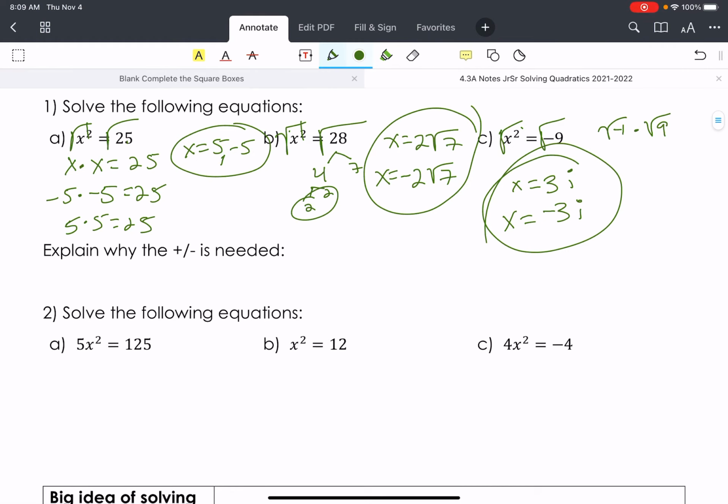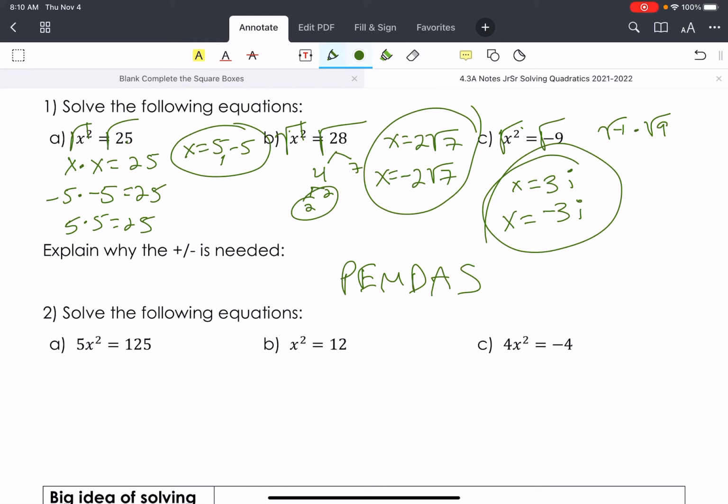Okay, so let's go ahead and look at 2a. Can I square root both sides right now? One thing to remember, and maybe this will help, when I'm working on things normally, I do PEMDAS, right? When you're solving things, when you're undoing things, you have to do backwards PEMDAS. Normally exponents come before multiplication, right? But if I'm undoing it, I have to go backwards. So I need to undo the multiplication first, okay?